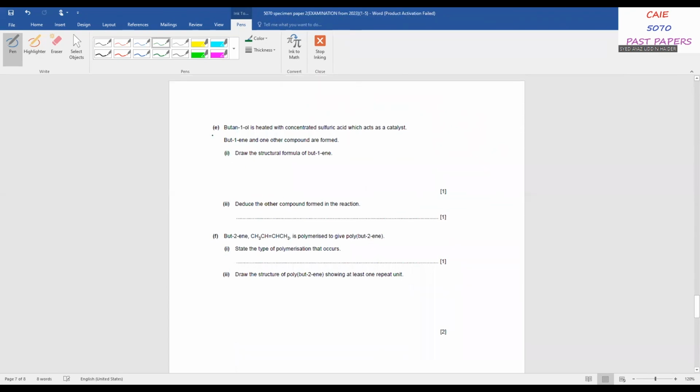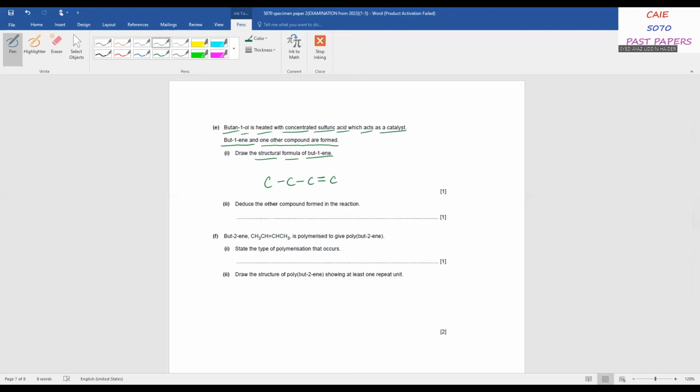Butan-1-ol is heated with concentrated sulfuric acid, which acts as a catalyst. But-1-ene and one other compound are formed. Draw the structural formula of but-1-ene. But-1-ene, 4 carbon. 1, 2, 3, 4. So you write a double bond between the first two carbon atoms.